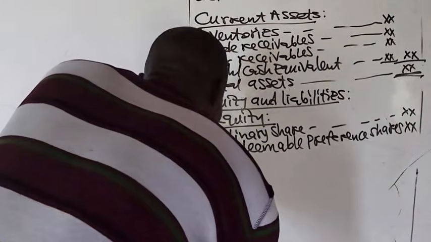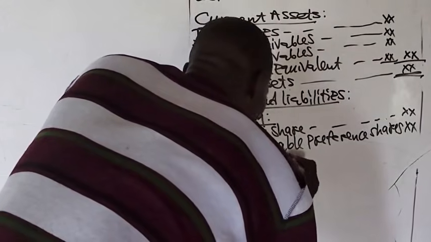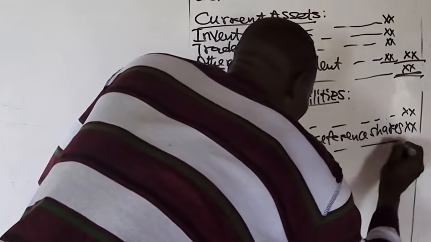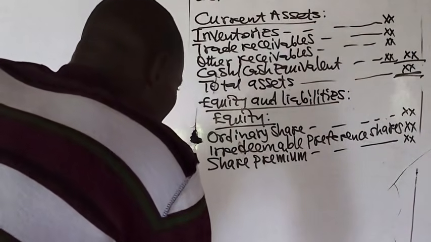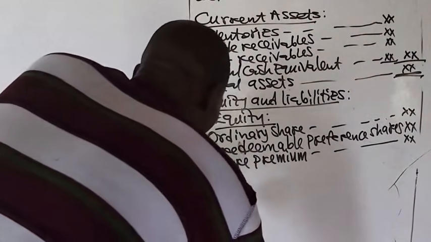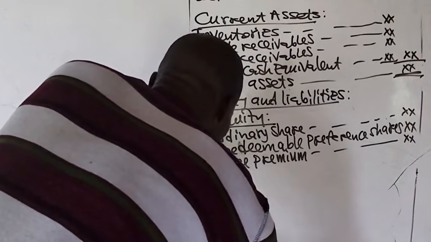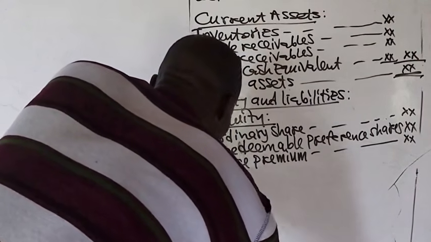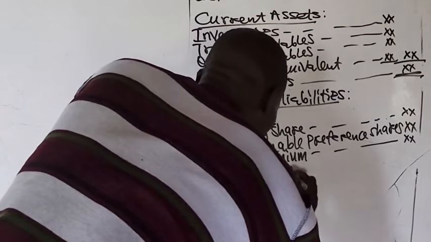Then we have share premium. Share premium reserve. It is part of equity. Then after share premium, you have other components. We have retained earnings.